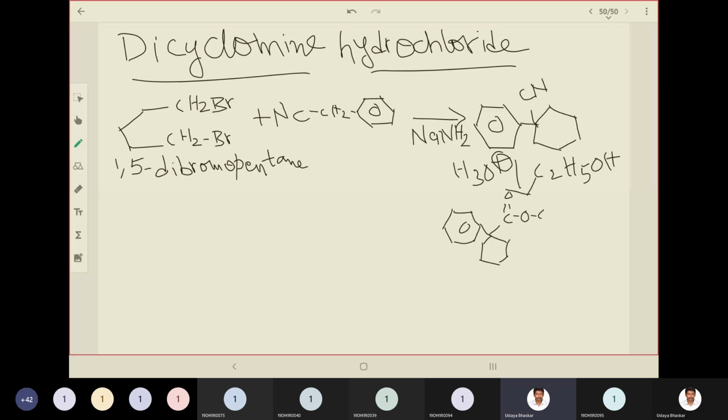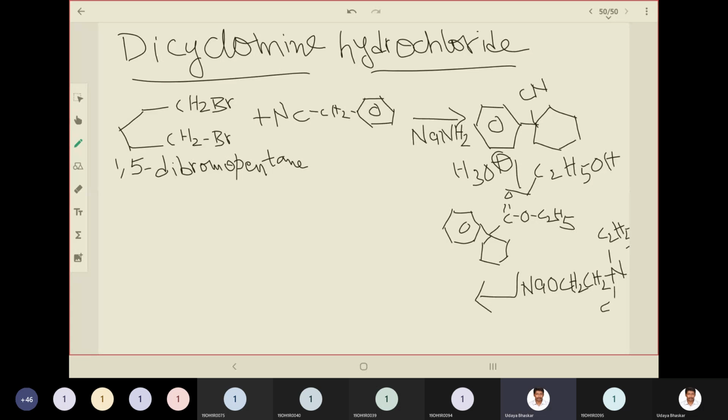COO, C2H5. Okay, fine. So here we'll again add the side chain. What is that side chain? This amino group has two ethyl groups.